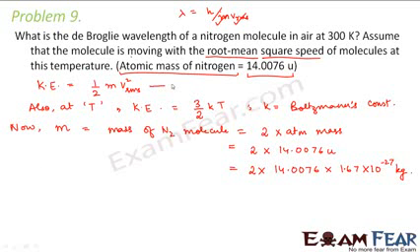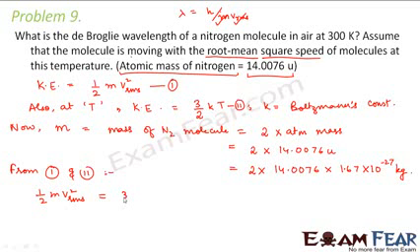Now from equation 1 and equation 2, we can say that half m v RMS square is equal to 3/2 kT. So 2 will get cancelled.